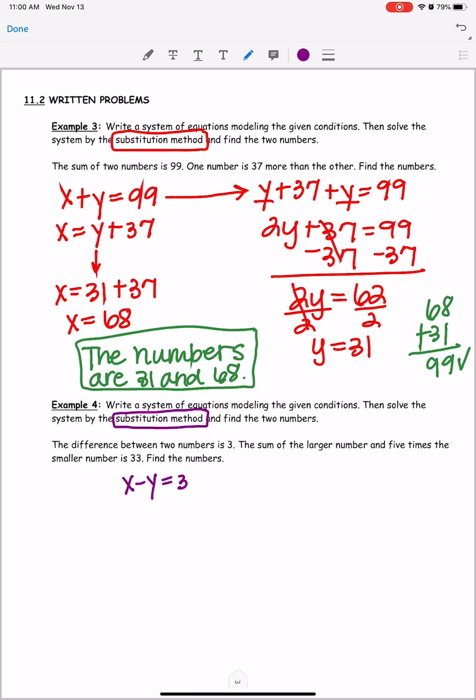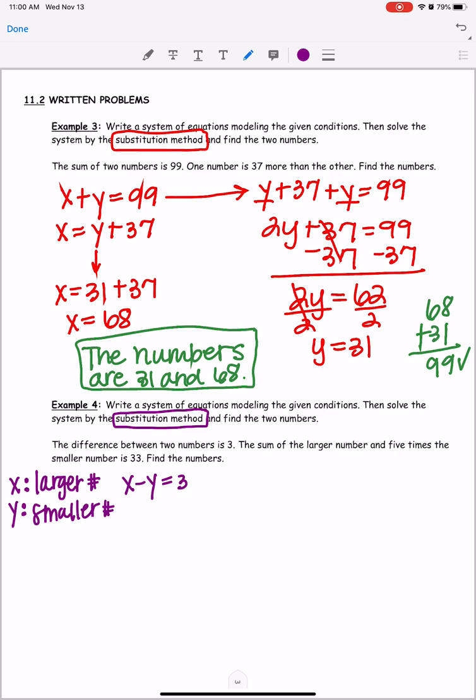So let's kind of talk about that for a second. If I have x and y, when I am subtracting, in order to get a positive 3 here, that means this one needs to be your bigger number. So this x represents my larger number. So then y is my smaller number. Okay, and it has to be that way. Otherwise, this would be a negative if it was reversed.